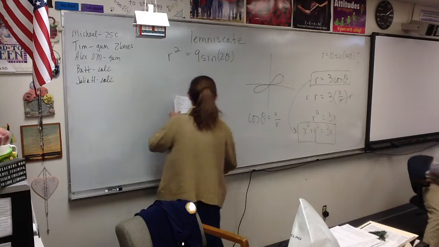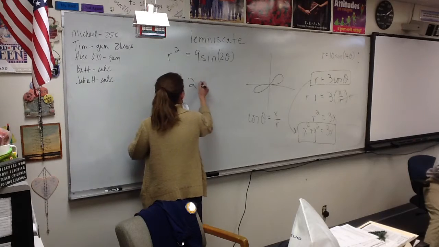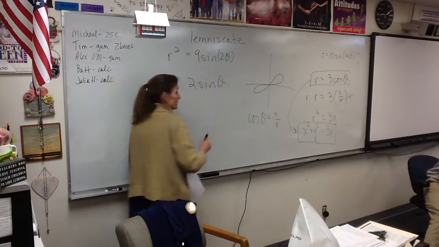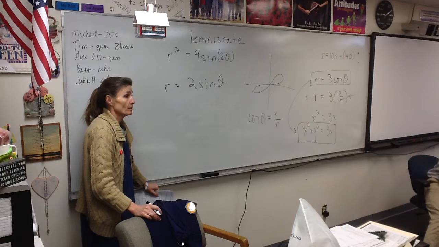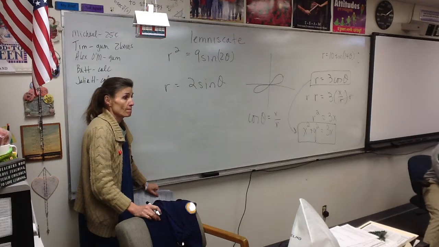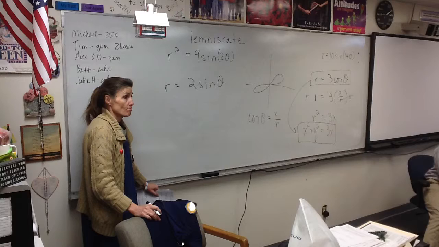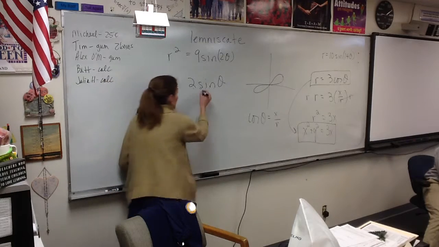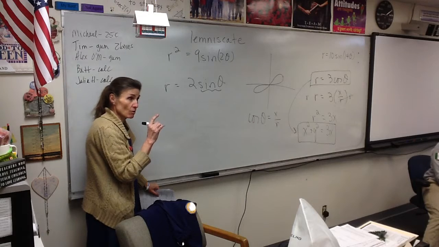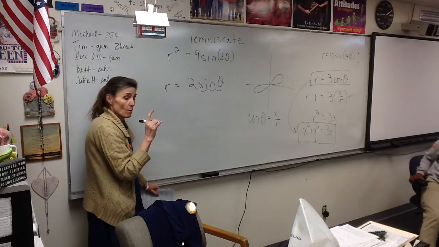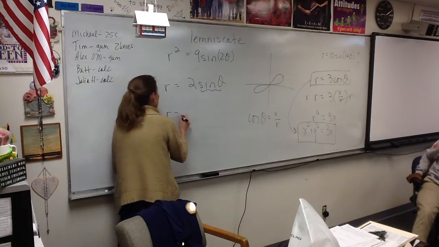So we are now on 9B. Here we go. What do you think we'll do first? This is a sine theta. It's not x over r, it's y over r.